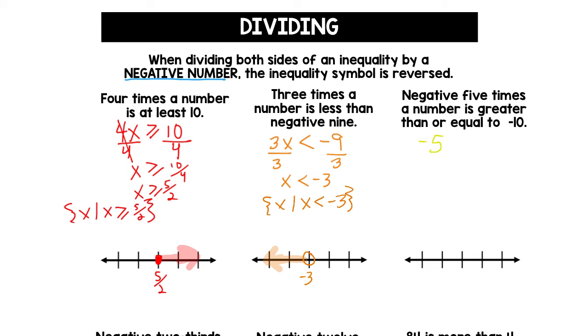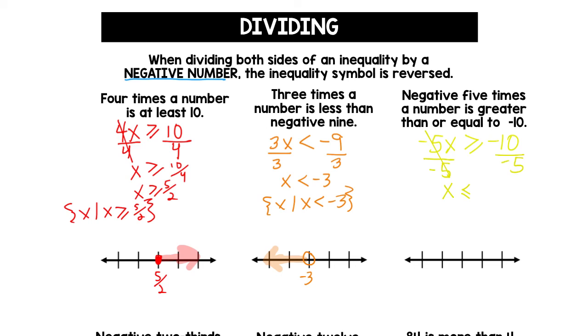-5 times a number is greater than or equal to -10. So we want to get x alone, so we'll divide both sides by -5. The -5 cancels and leaves us with x. We're dividing by a negative now, so we'll flip our inequality in the other direction.